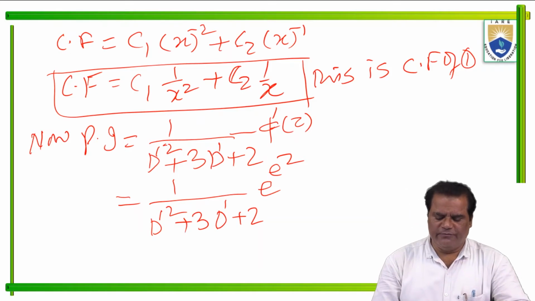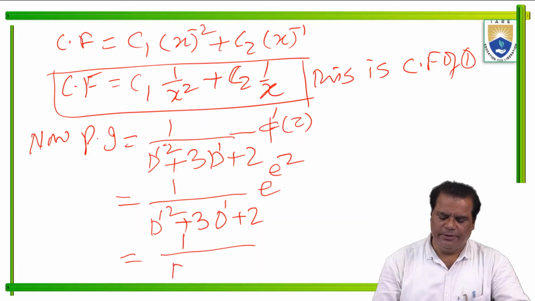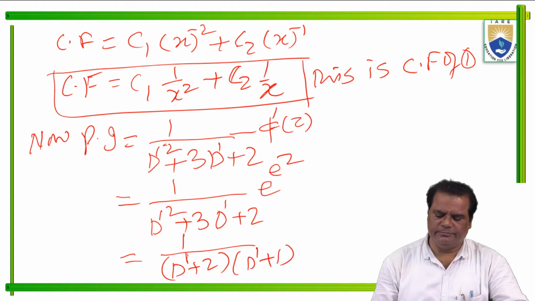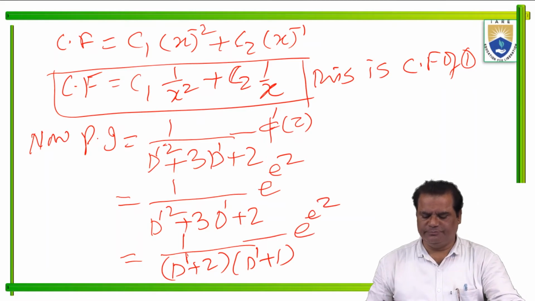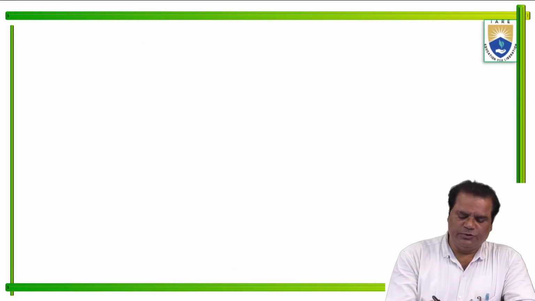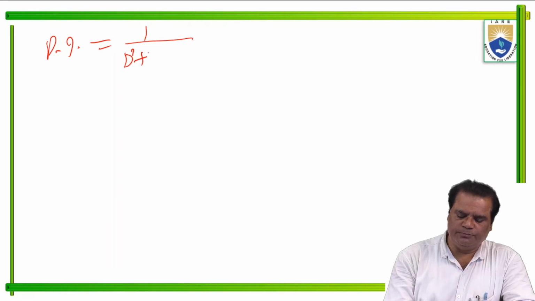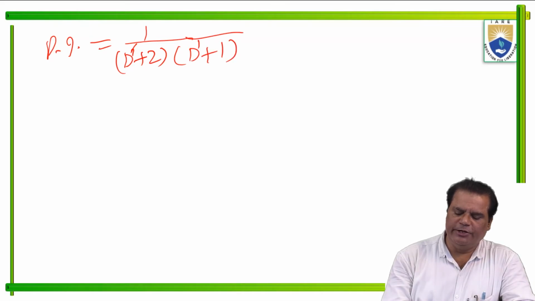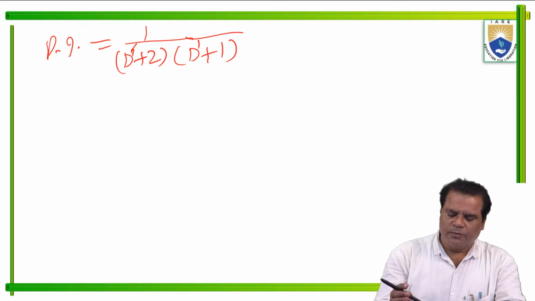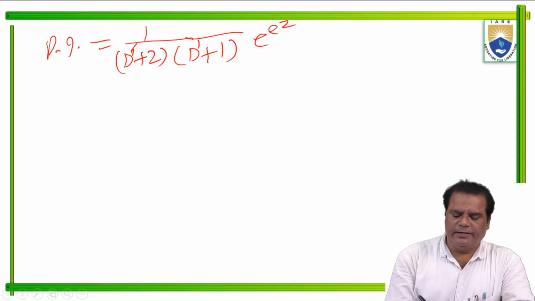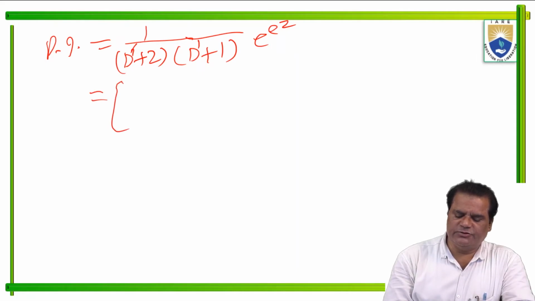Factorizing this, 1 upon (D dash plus 2) into (D dash plus 1), e to the power z.